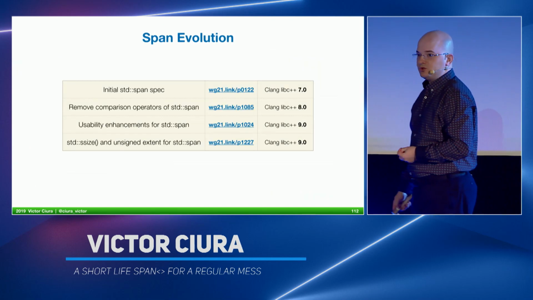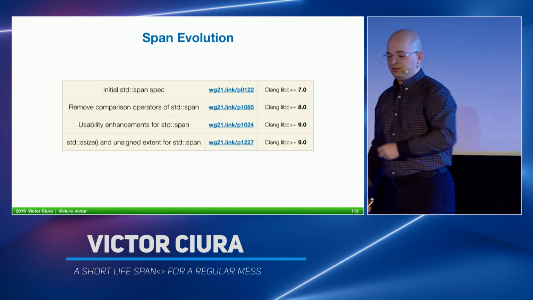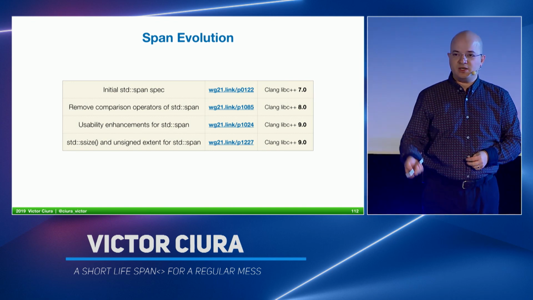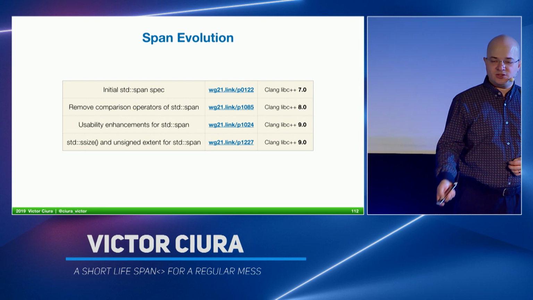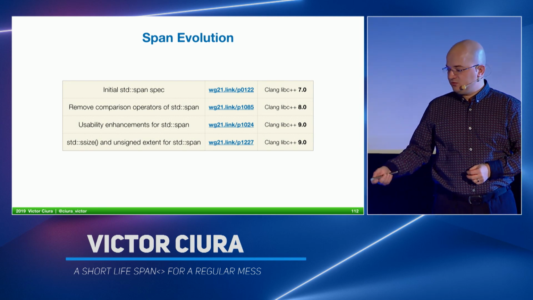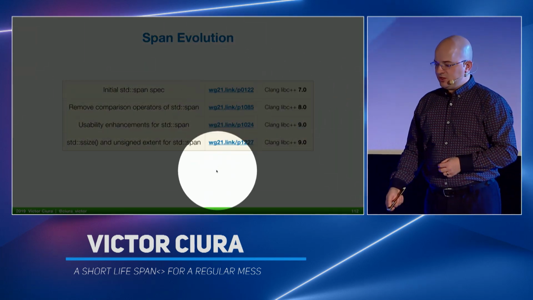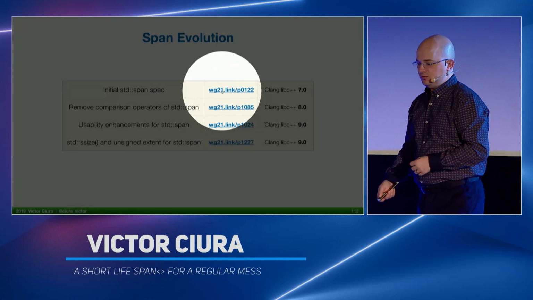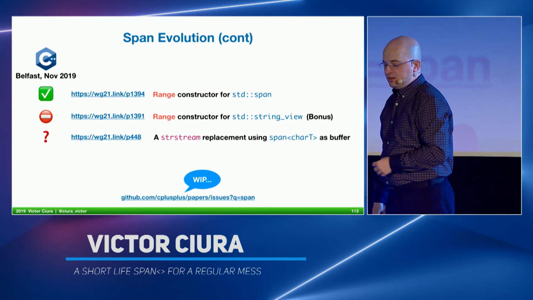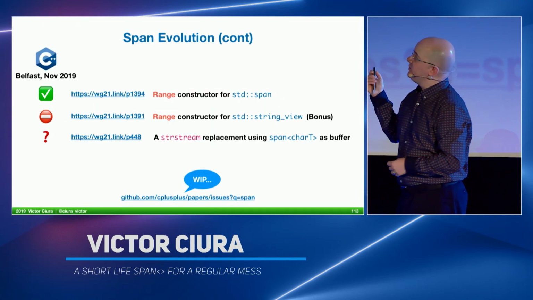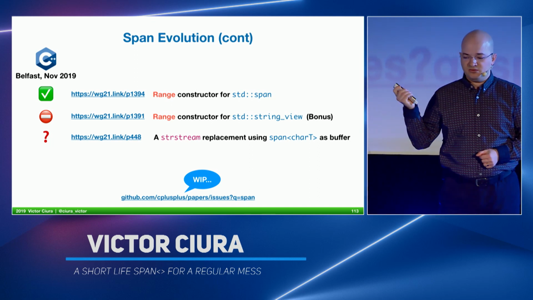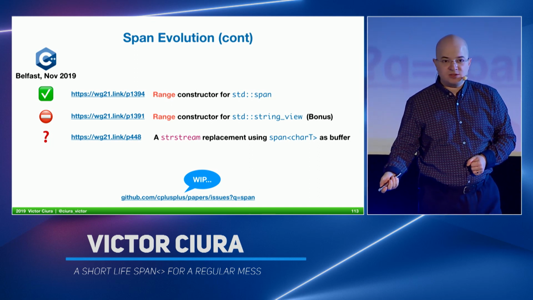This would be the evolution. If you were an early adopter, from Clang 7, you had span, like bleeding edge stuff, and this is how the specification evolved. Very recently, in the Belfast committee meeting in November, we got a range constructor for span.